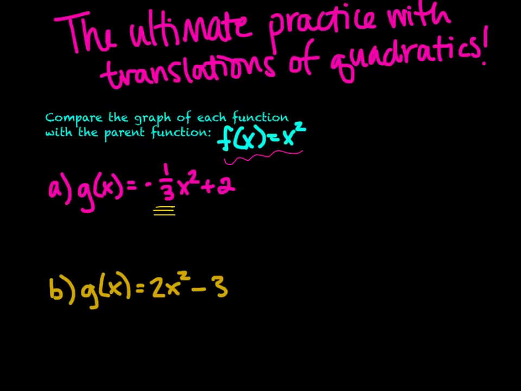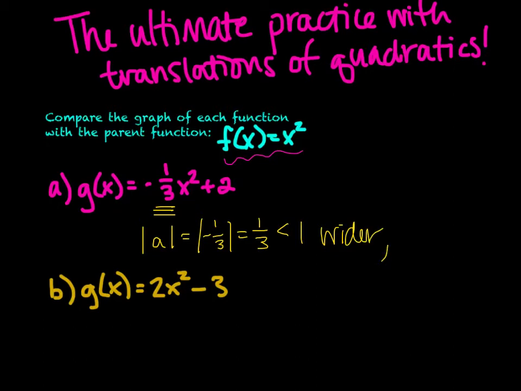The absolute value of a is the absolute value of negative 1/3, which equals 1/3. That is less than 1. So I almost said narrower, but it's actually wider than that parent function.